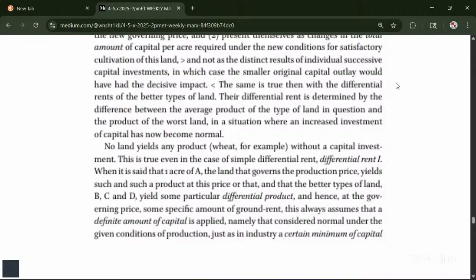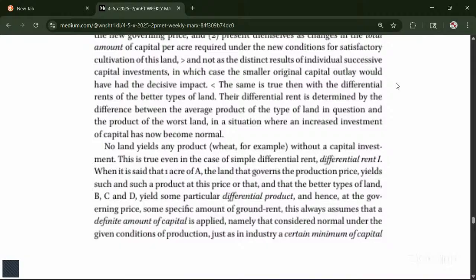When it is said that 1 acre of A, the land that governs the production price, yields such and such a product at this price or that, and that the better types of land, that is B, C, and D, yield some particular differential product, and hence at the governing price, some specific amount of ground rent, this always assumes that a definite amount of capital is applied, namely that considered normal under the given conditions of production, just as in industry.